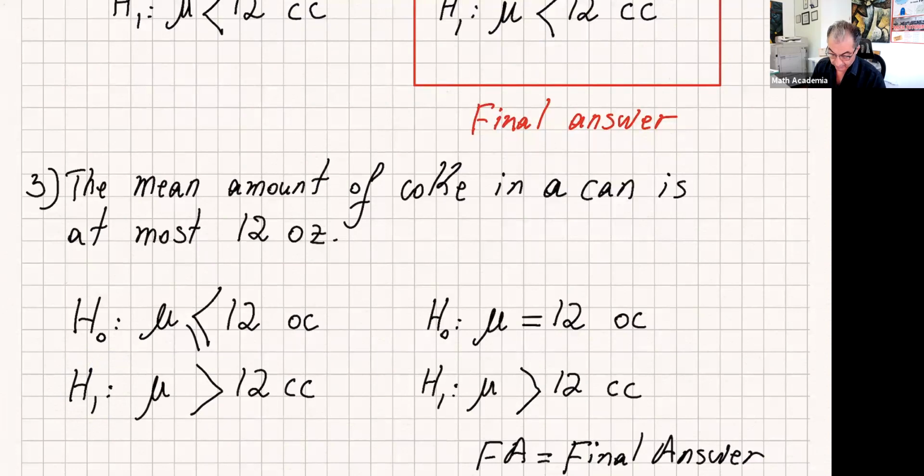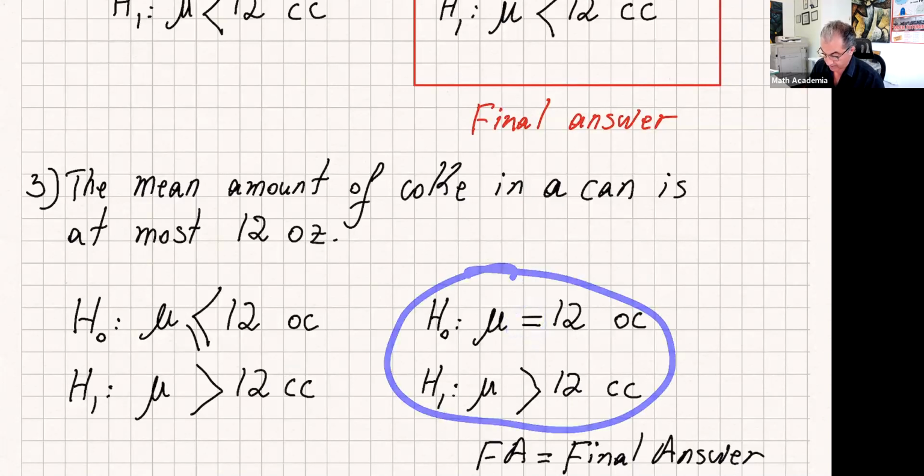The claim that I wrote first was OC, and the second claim is of course CC, which is the counterclaim. Do not forget the final answer. You change this sign of H0 to equal, and that's how H0 has to be presented, always with an equal sign. So this is our final answer.